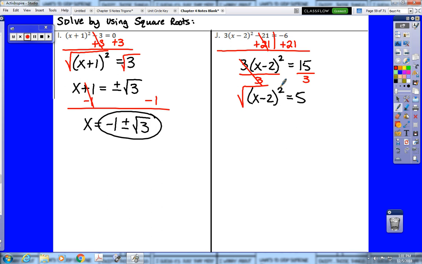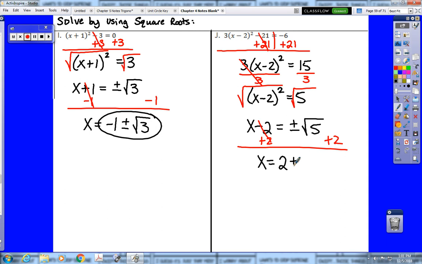And then we're going to take the square root, which gives us x minus 2 is plus or minus the square root of 5, because again, that doesn't reduce. Add 2 to each side to finish the solving process, and we get x equals 2 plus or minus the square root of 5. And it's not going to get any better than that.